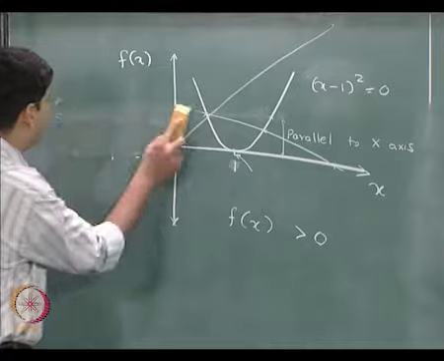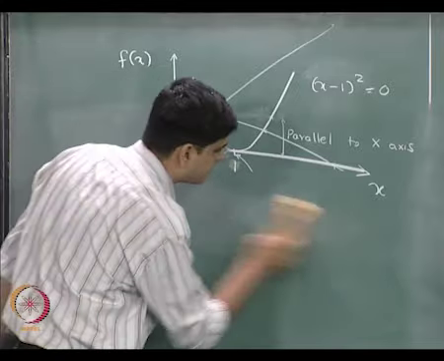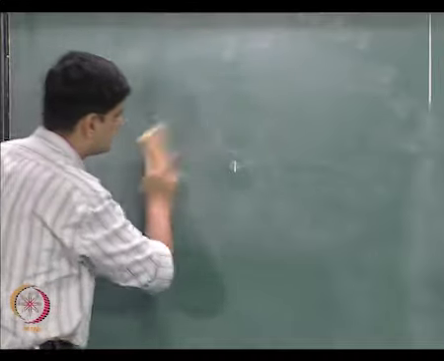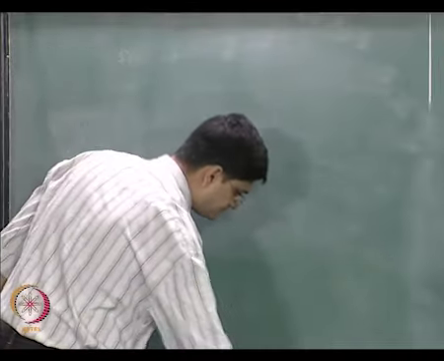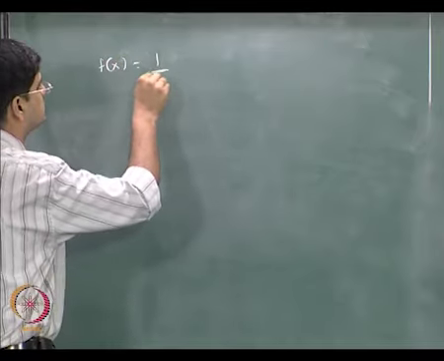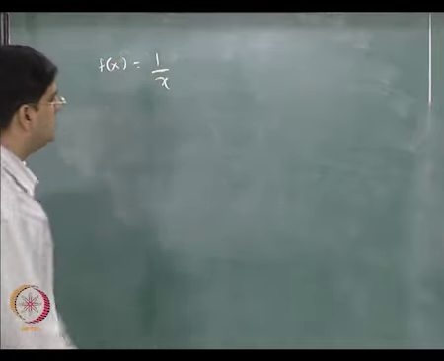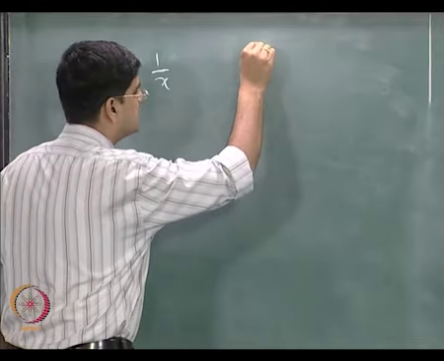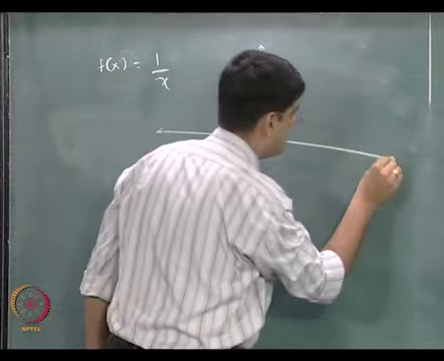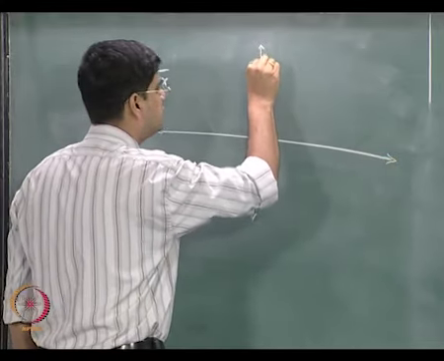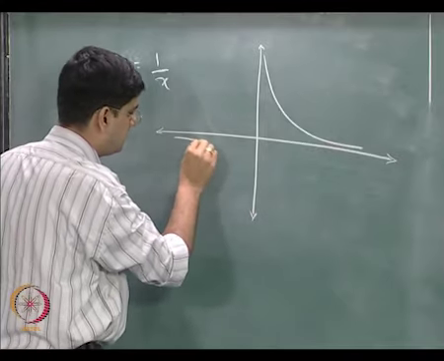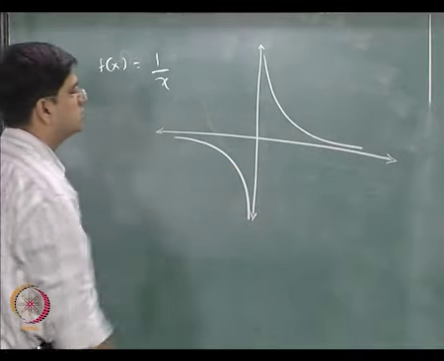Now let us look at another example. F of x equal to 1 divided by x. In this particular case the curve looks like this.